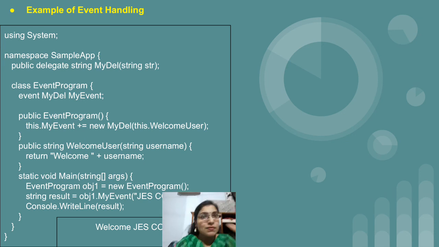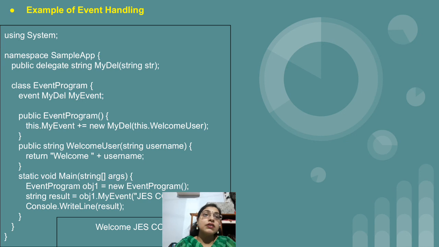Now in the same class we are creating the event, so this is the reason why we have to make use of the this keyword. So this.myEvent equal to this.myEvent plus new, and after that we have created an object of the delegate, that is mydel, and to mydel we have passed one function, that is WelcomeUser.